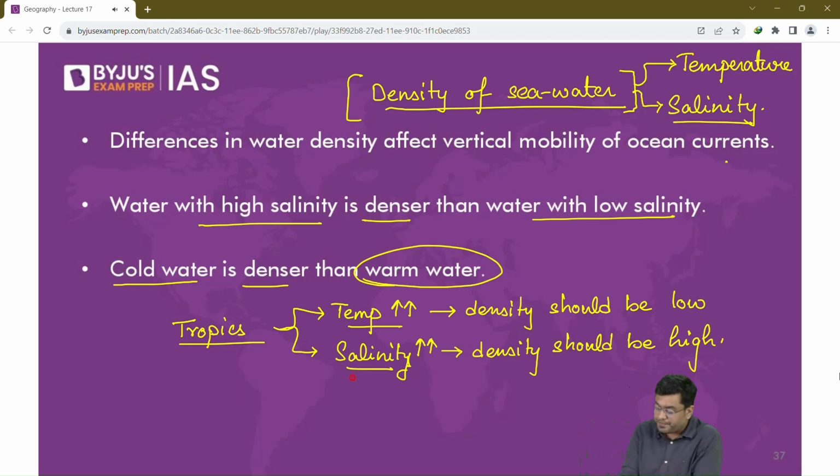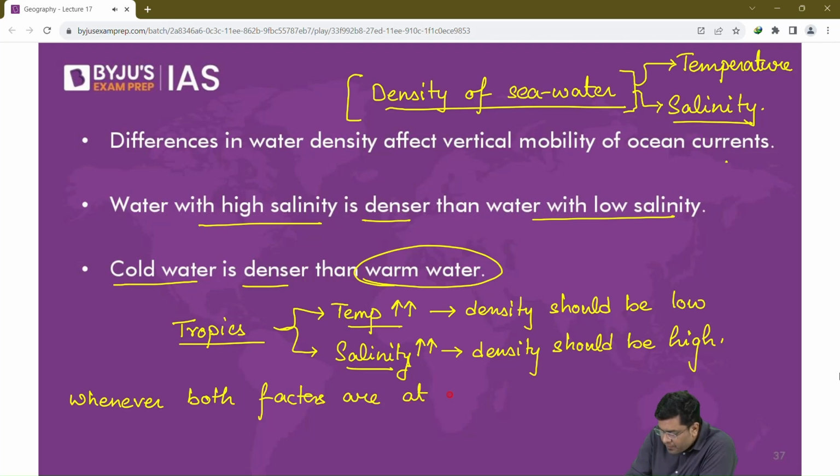So whenever both factors are at play, temperature is the determining condition.